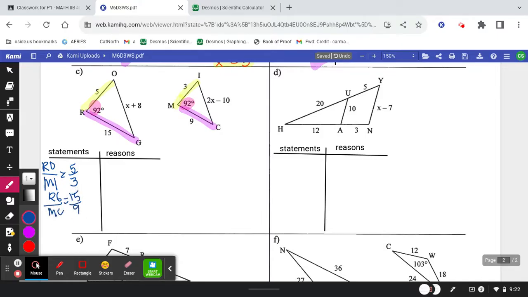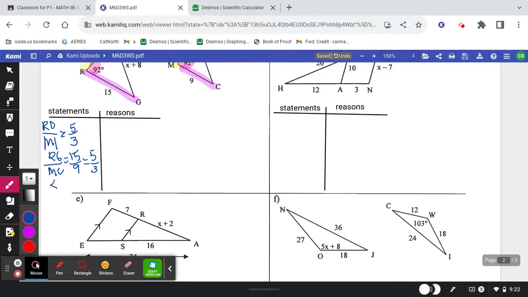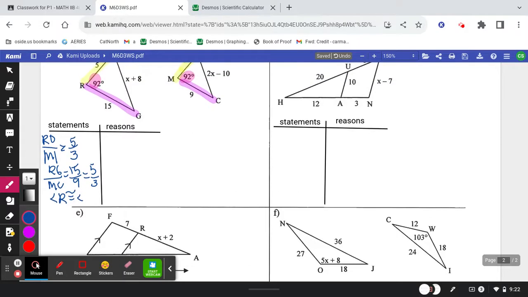And when I reduce 15/9, can you see 3 goes into 15 5 times, 3 goes into 9 3 times. So we do have the ratio of the two sides. Then there's angle R, congruent to angle M. Here, this is ratios of corresponding sides are equal.